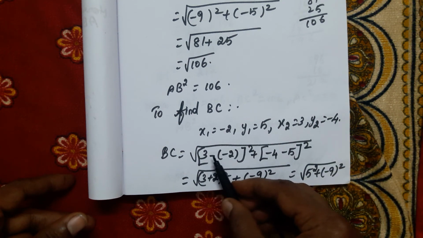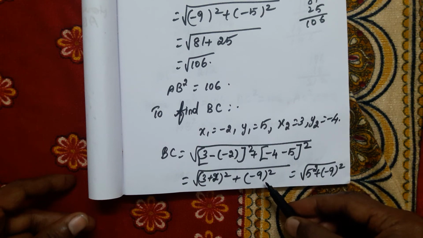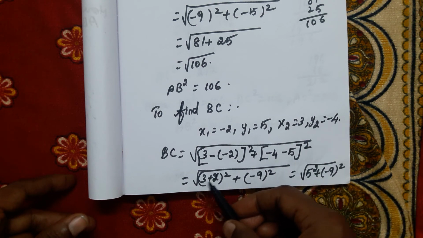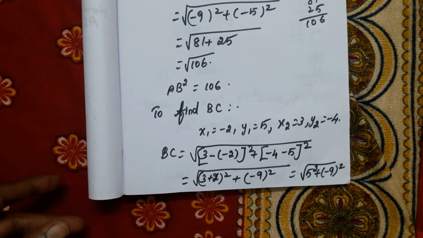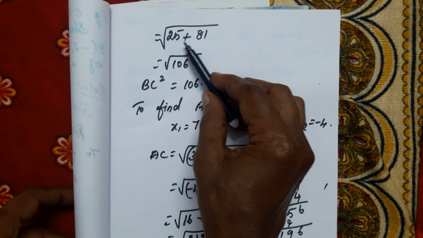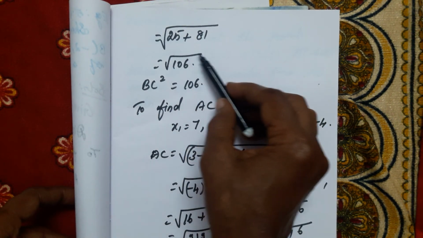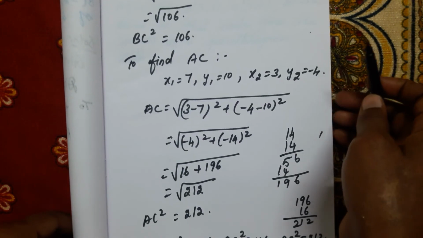It's equal to 3 plus 2, 5 square, plus minus 9 the whole square. It's equal to root of 25 plus 81, which is root 106. So BC square is equal to 106.